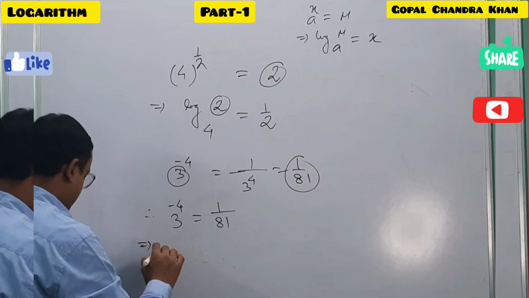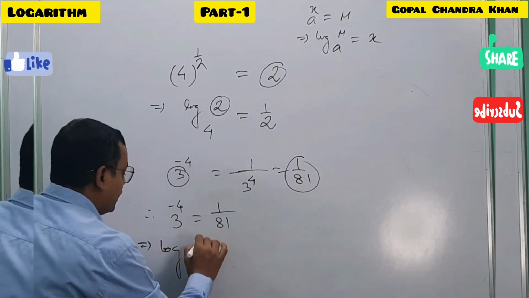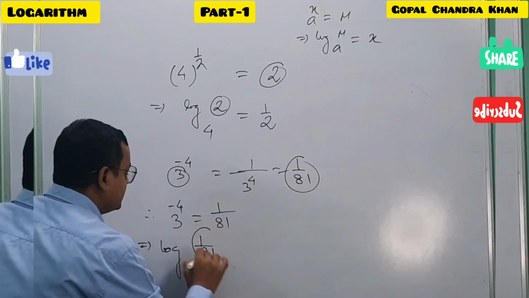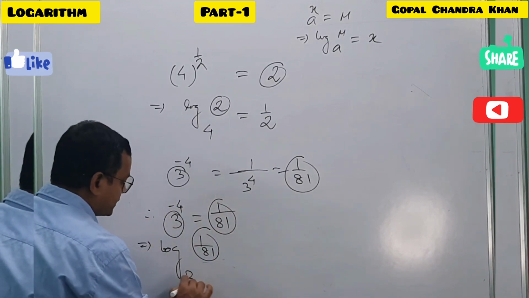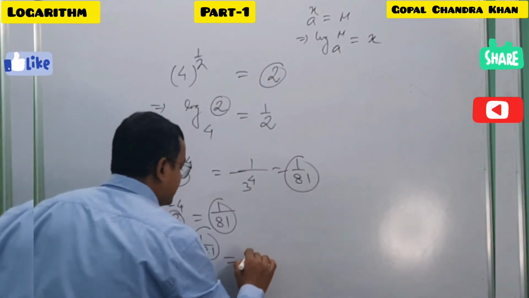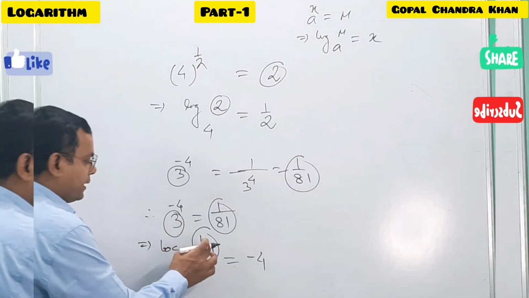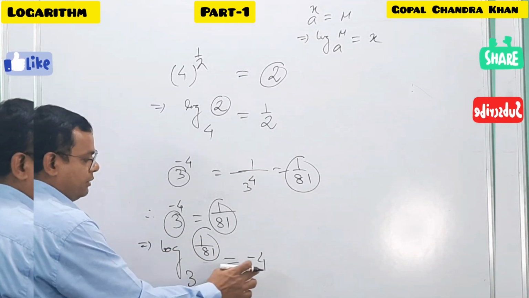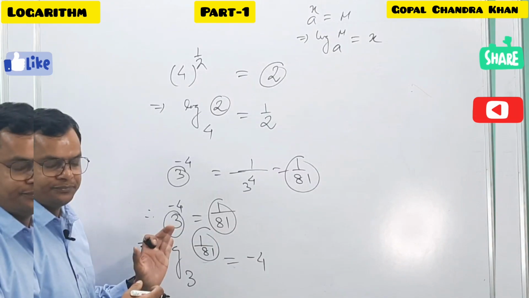Now you can take logarithm: 1 by 81 is coming from here, and this 3 is coming as base, and the value here is minus 4. Check, this is plus, this is plus, but you got the value minus. So it can happen like that.